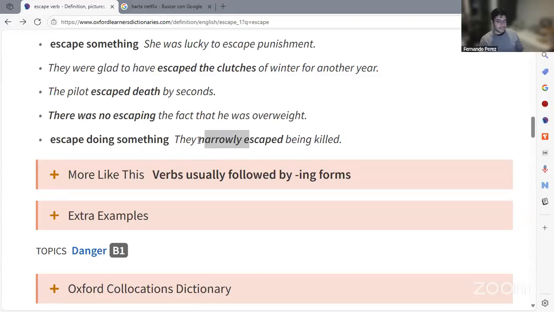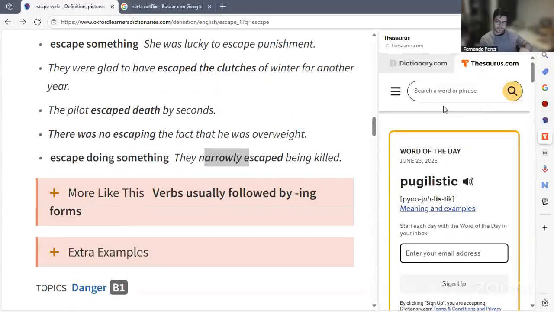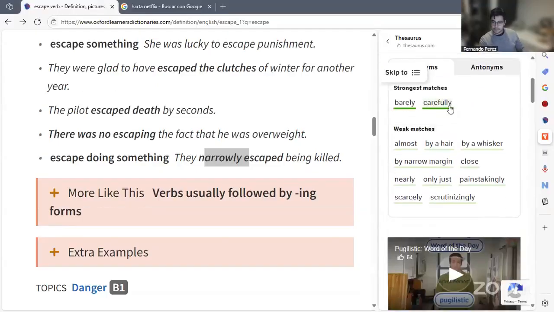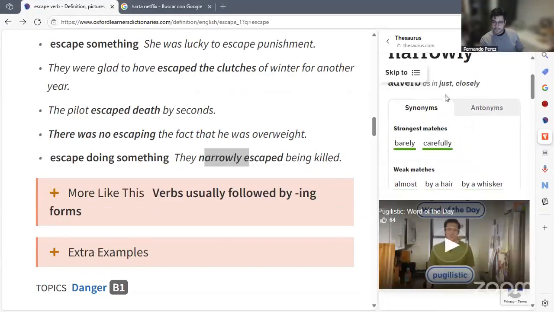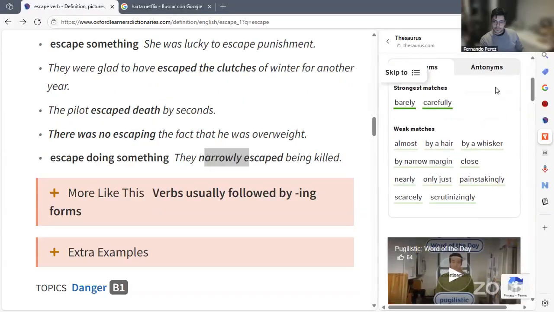Narrowly is similar to almost. Narrowly. Just. Almost. Very close. They narrowly escaped being killed.